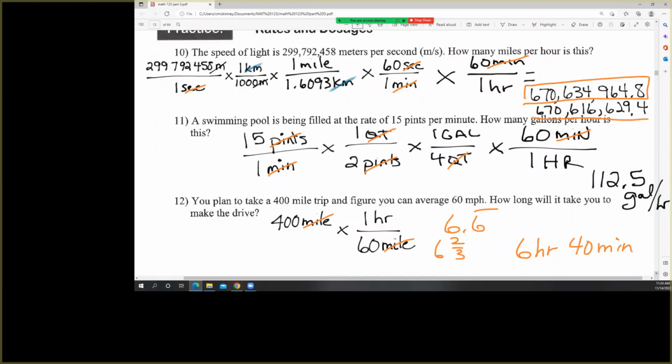If you wanted an exact answer like that, and you get 6 point all that repeating, here's how you can use the calculator to help. Take your 6 point all that repeating, subtract 6 because you know that's 6 hours. Then in your calculator, what you have is all of this, and then multiply that times 60.